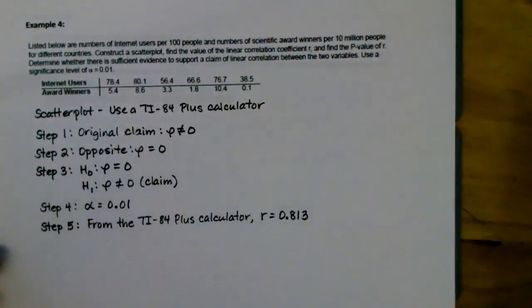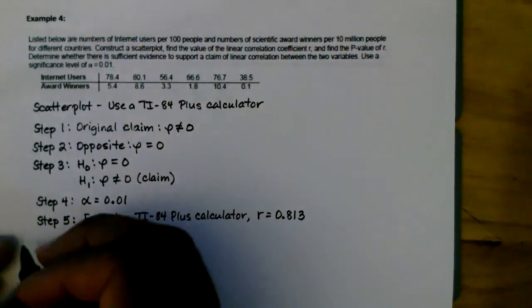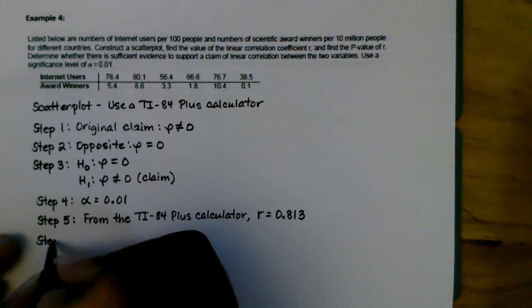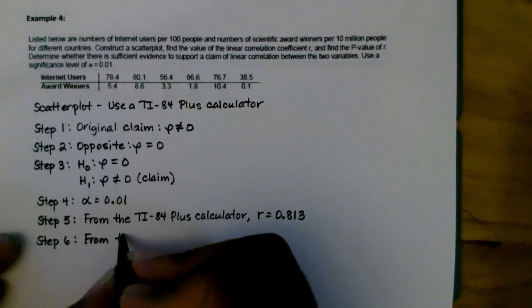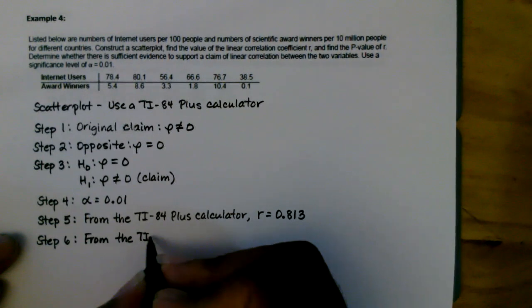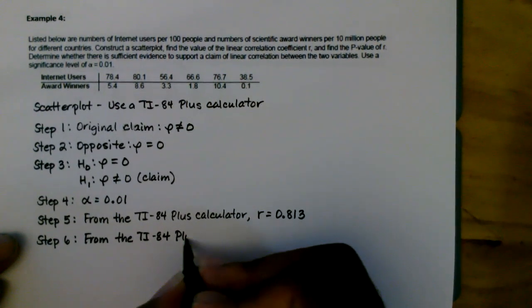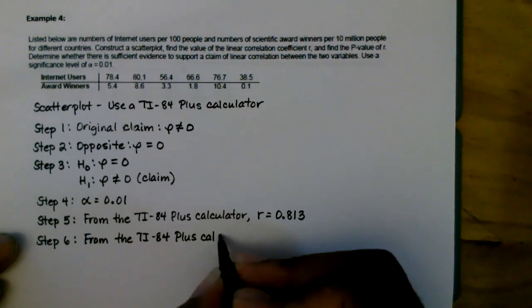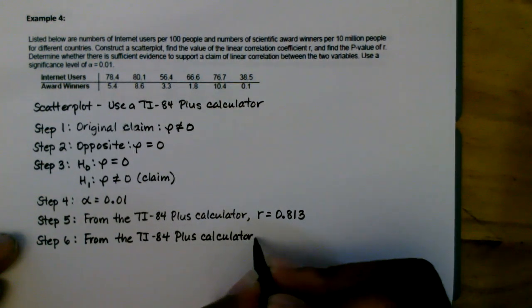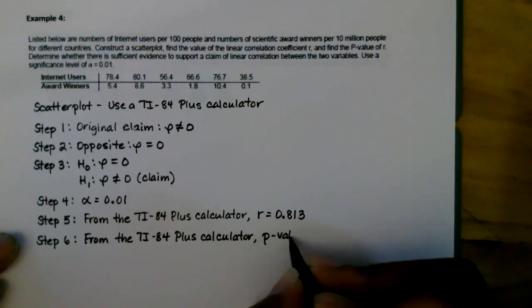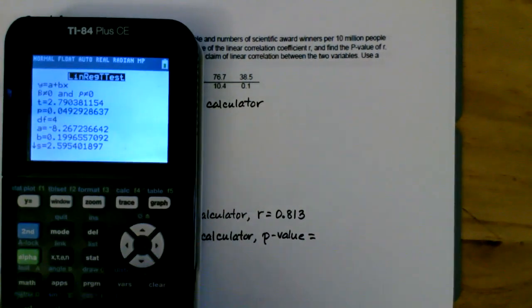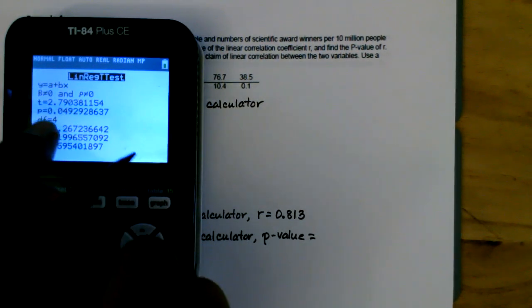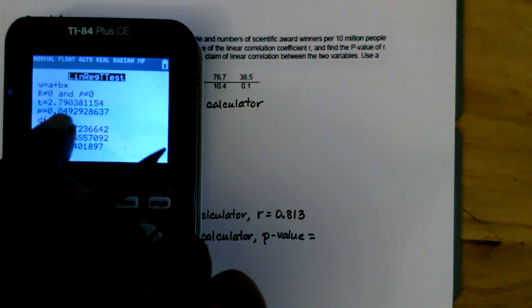All right, now in step number 6, let's say I want to find the p-value instead of the critical value. That can be obtained from the TI-84 plus calculator as well. And here it is. I'm going to use my up arrow key to go all the way up to the top. The t is there. Here's your p-value right underneath it.